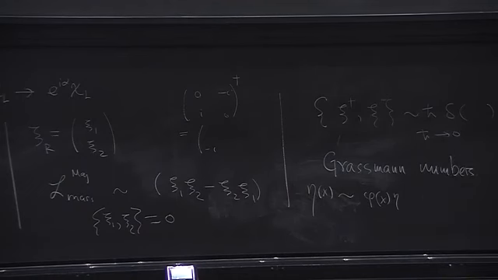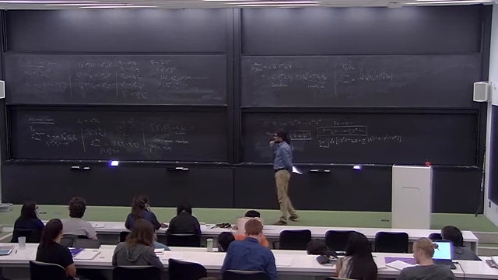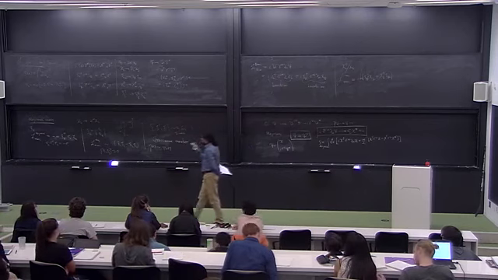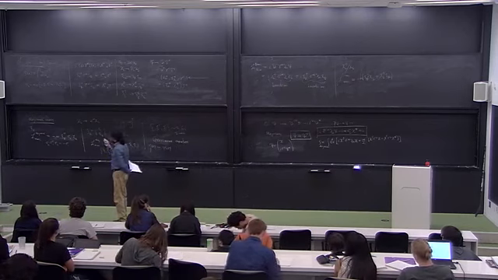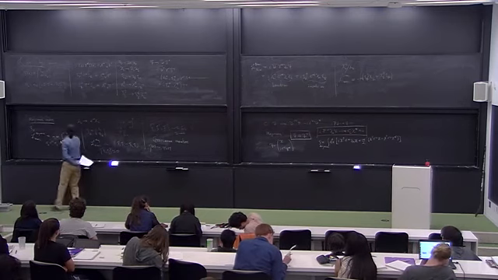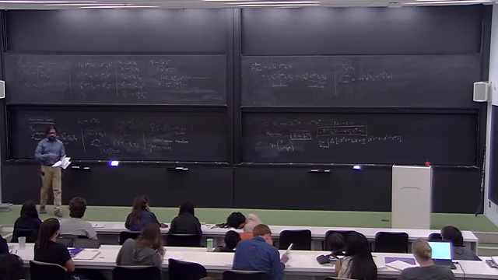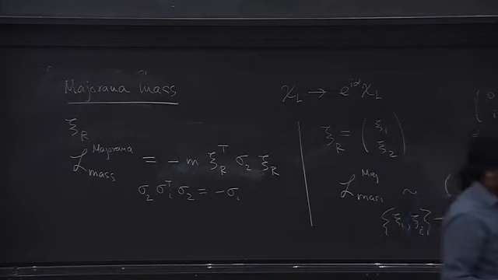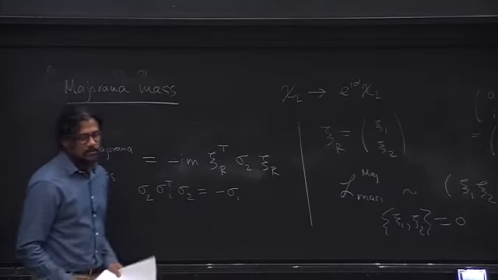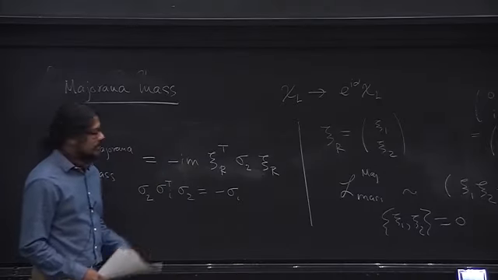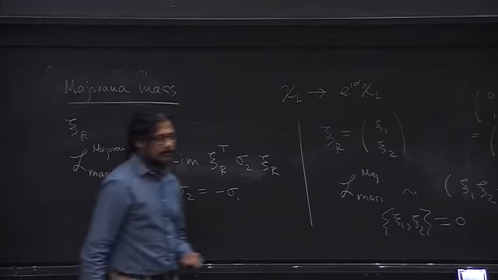But then what happens is it will also reorder the components of these things. They will exchange those things. So I think there would probably be a minus sign coming from that. So I think there should be an i to compensate for that. But let me confirm that. Okay, thank you.